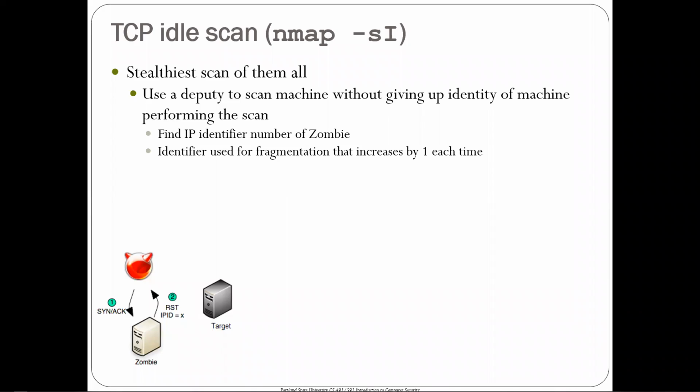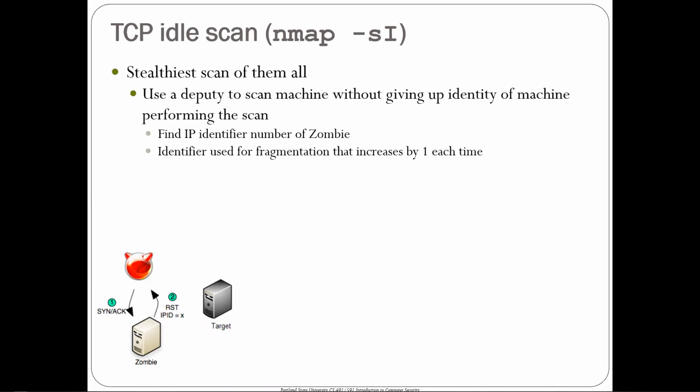As part of that row of fields is an identifier, so that when you take a big packet and break it up into multiple fragments, they share the same identifier so that the recipient can put those fragments together and regenerate the original IP packet. That identifier is, in the way IP is implemented, a number that sequentially increases on every new IP packet that the machine sends.